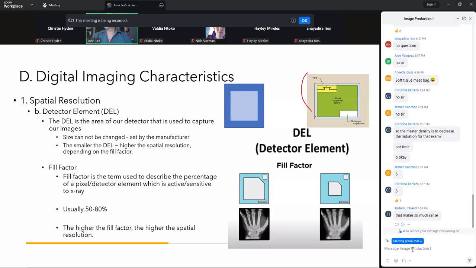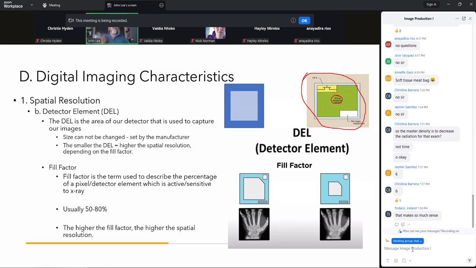It's referring to all of this as the detector element. It calls this green the pixel detector. Now, what we're working towards is calling all of this the Dexel, and calling this the DEL.